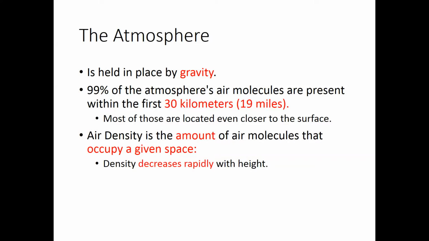However, the higher you go up in the atmosphere, the less dense the air becomes. Soon, instead of trillions and trillions and trillions, it's just trillions. Then it's just billions. Then it's just millions. Then it's just thousands. And so on. So as you go up in height, up into the atmosphere, the amount of air molecules that occupy that space becomes less and less and less.